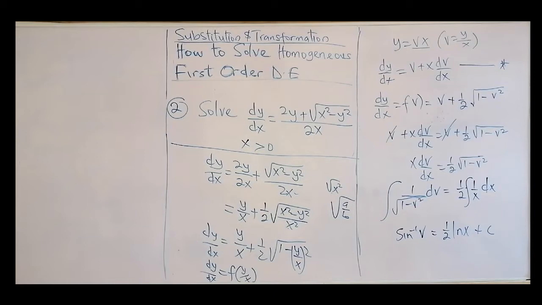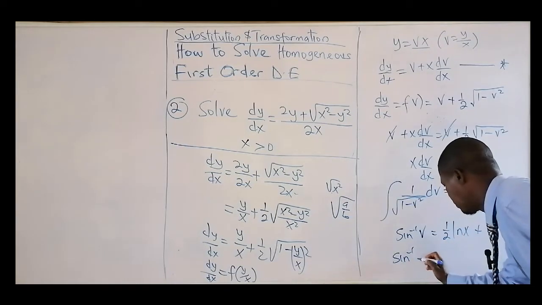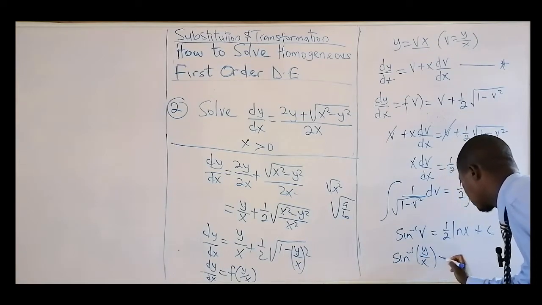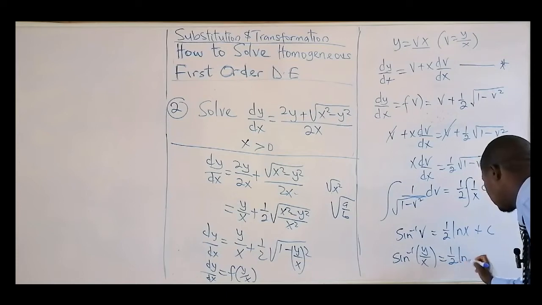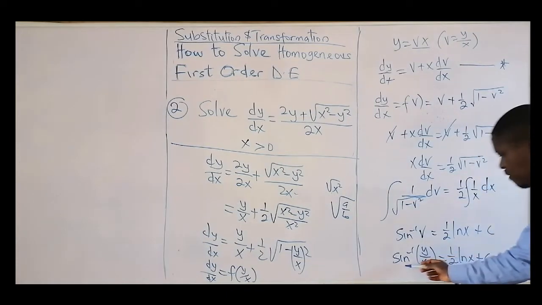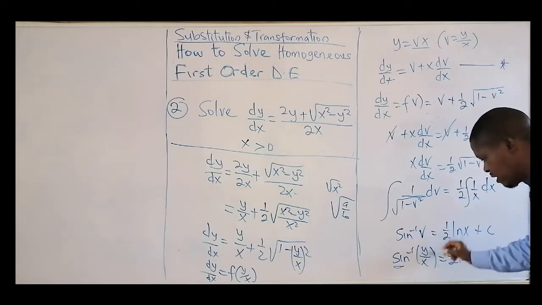Okay? Since v is not part of the question originally, we can begin to substitute v back. V is y over x, equal to half ln x plus c. Then we can remove this inverse here by taking sine on both sides. If you take sine of arc sine, it will just give you the function here.